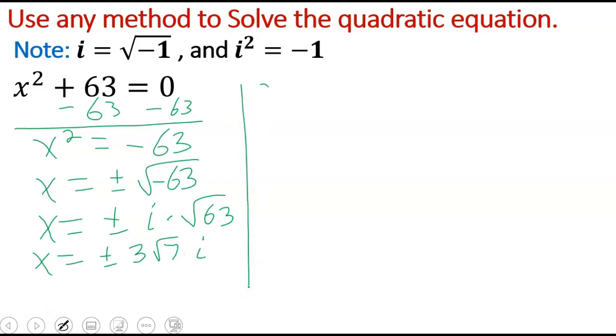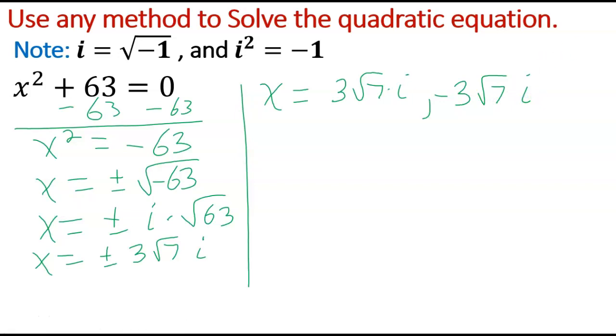So separate them. x is equal to 3 square root of 7 i, or rather negative 3 square root of 7 i. Okay, now remember that the i is not inside the square root.